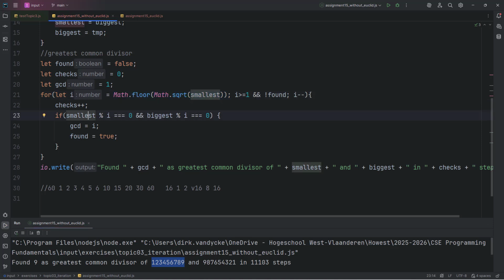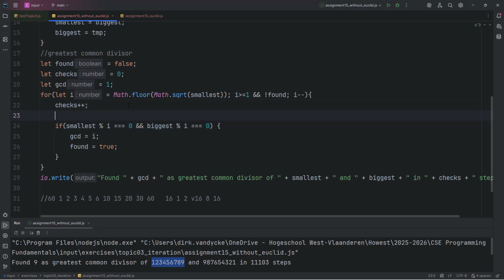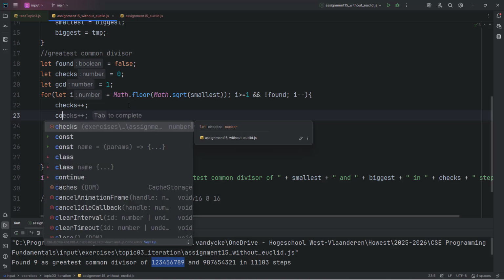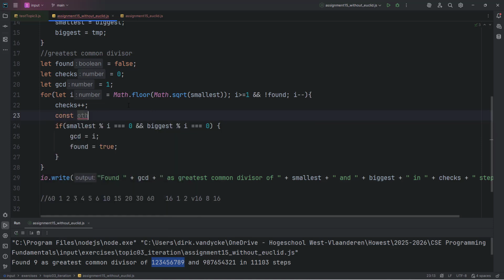So I need to check two things. I will check, of course, i first, because i is coming from the end. And I will check the other divisor as well. So let, or const, we'll do const otherDivisor.